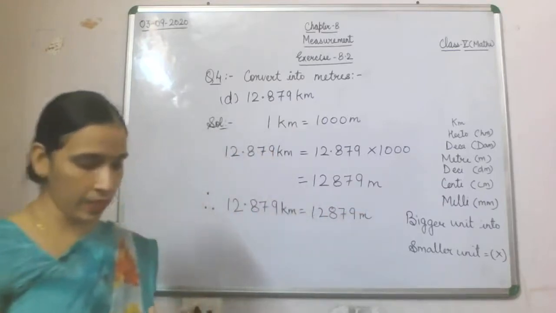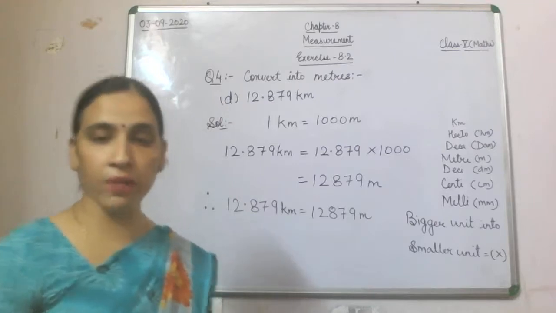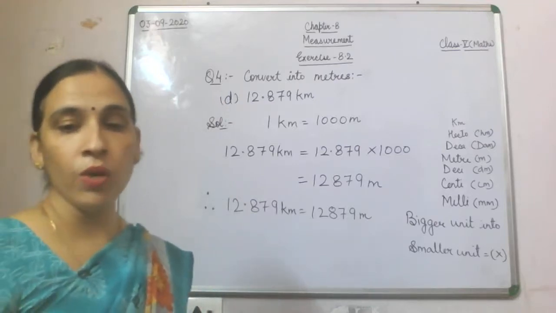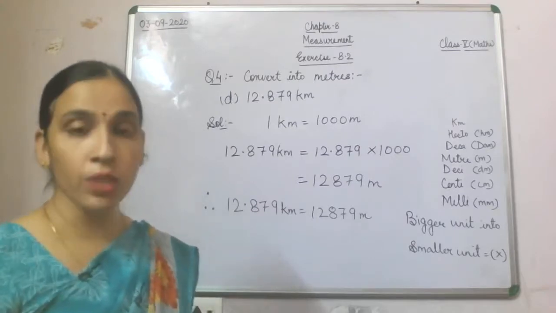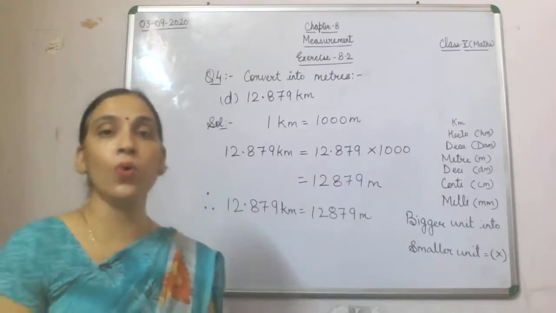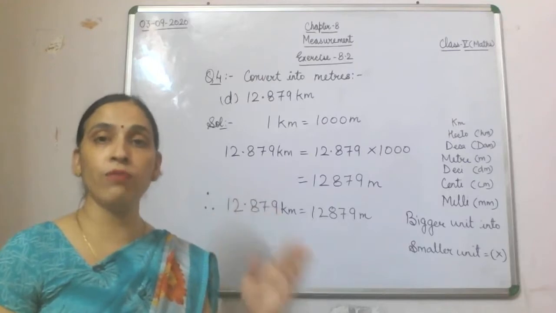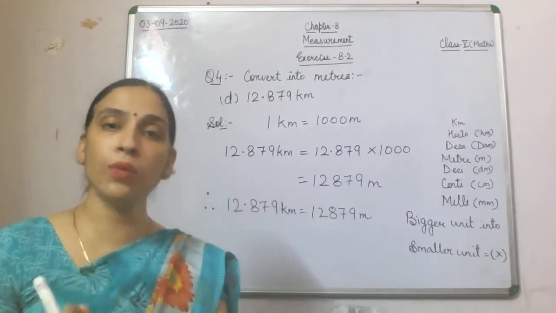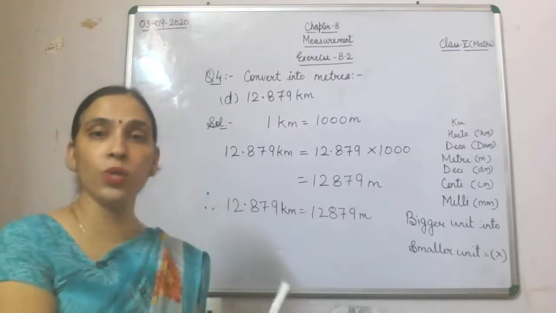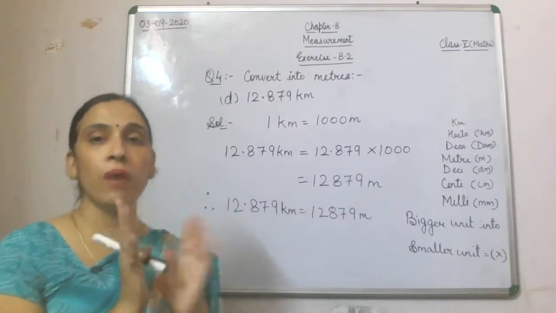Fine? Clear? So what have we done? We have done conversion from a bigger unit into a smaller unit. Now children, till now we have done conversion from a bigger unit into a smaller unit, and only one unit was given and you were supposed to convert into only one other unit.